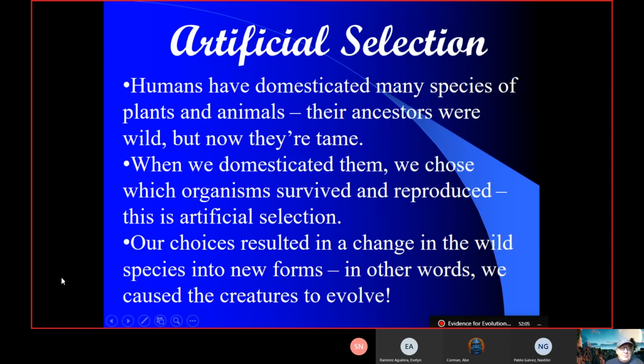At any rate, our choices changed these creatures. In other words, we caused them to evolve new traits, new features. And that would be a piece of evidence that species can change over time. That's the point there. We're demonstrating that species can be changed.